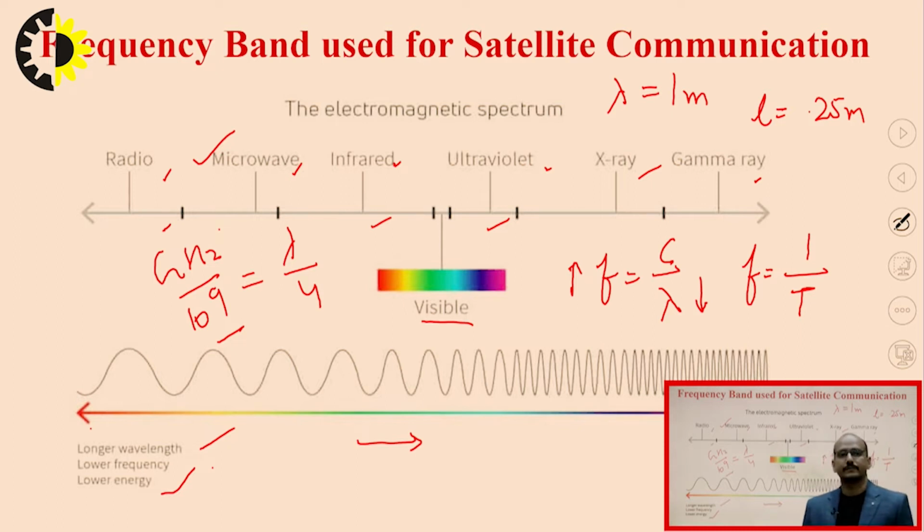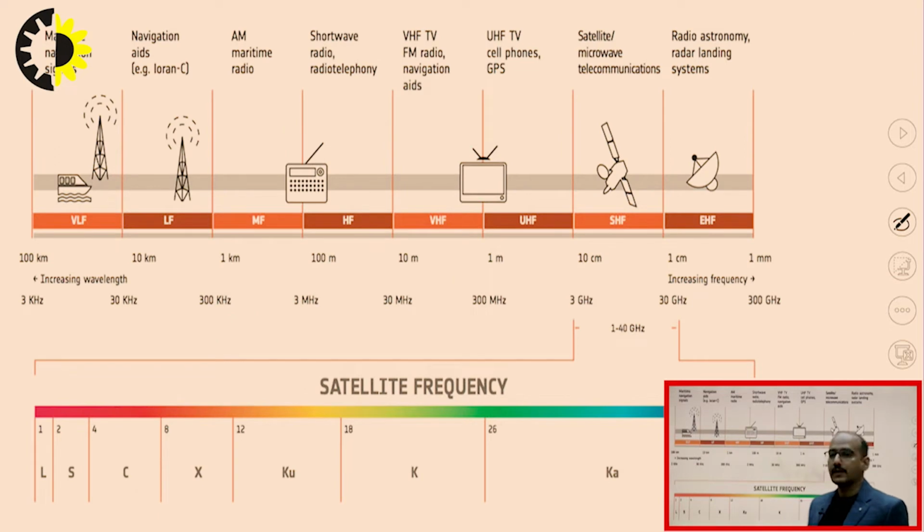Now, the frequency band which is used out of this spectrum for satellite communication is situated between 1 to 40 gigahertz.